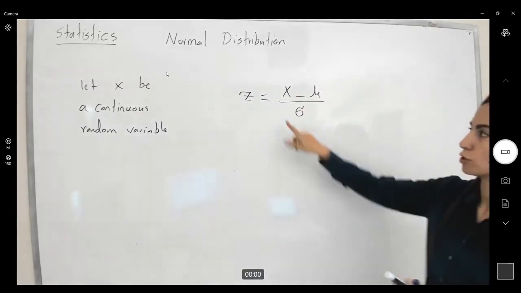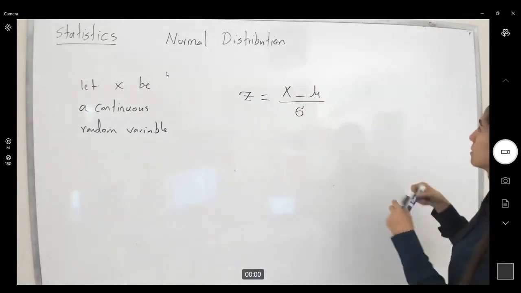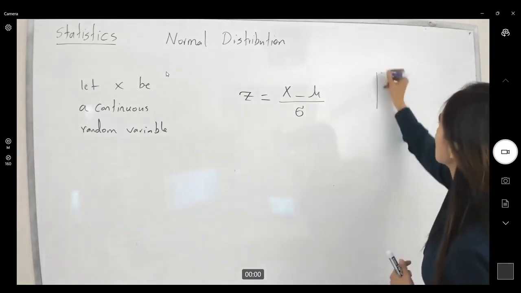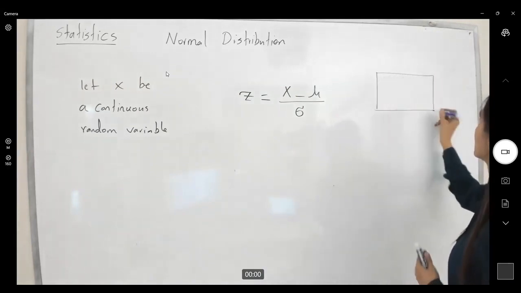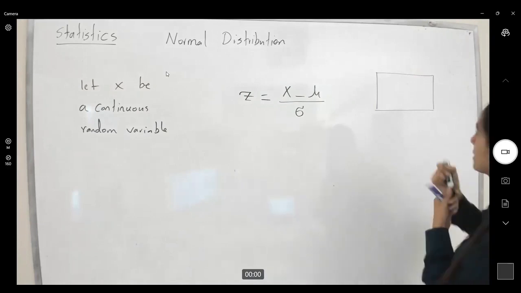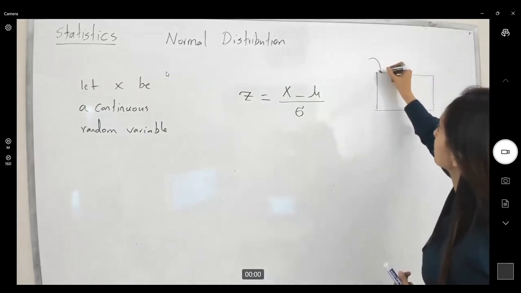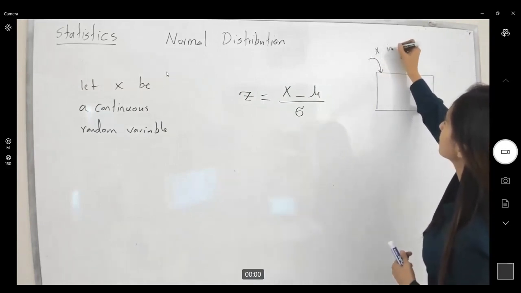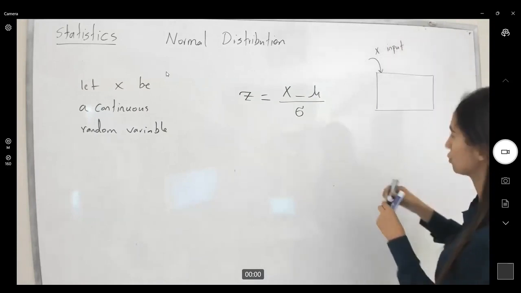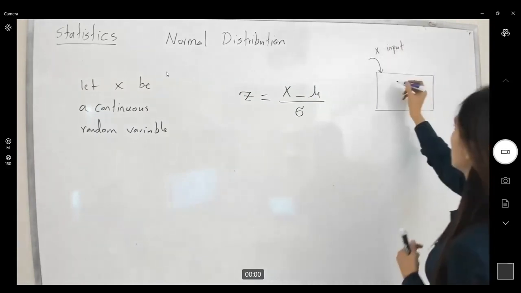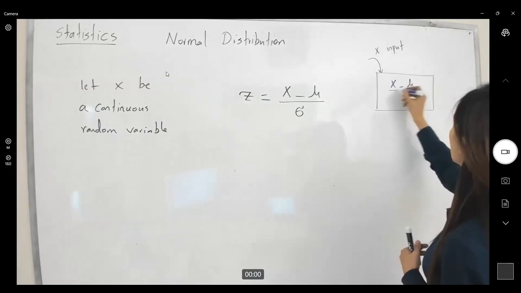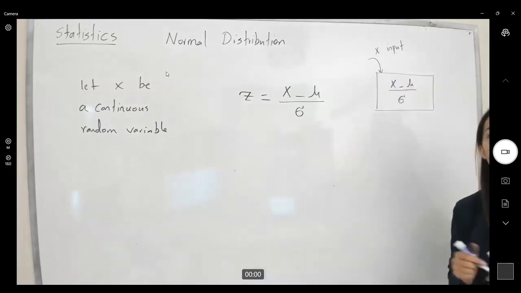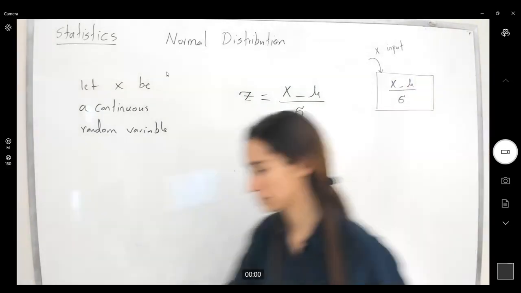We use this machine: x gets into this machine, and you get your z as the value. So x is your input, the machine does x minus mean divided by sigma, and it gives you z values.